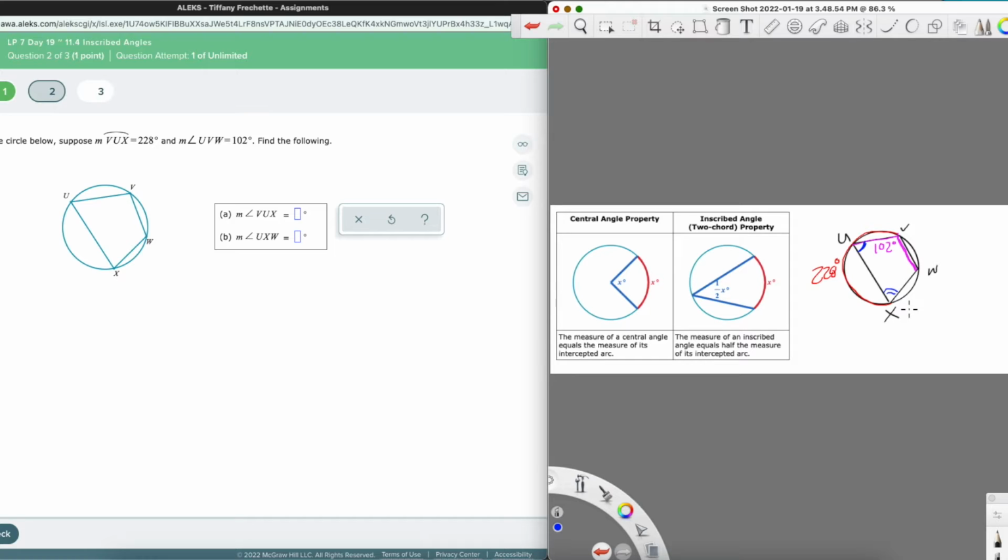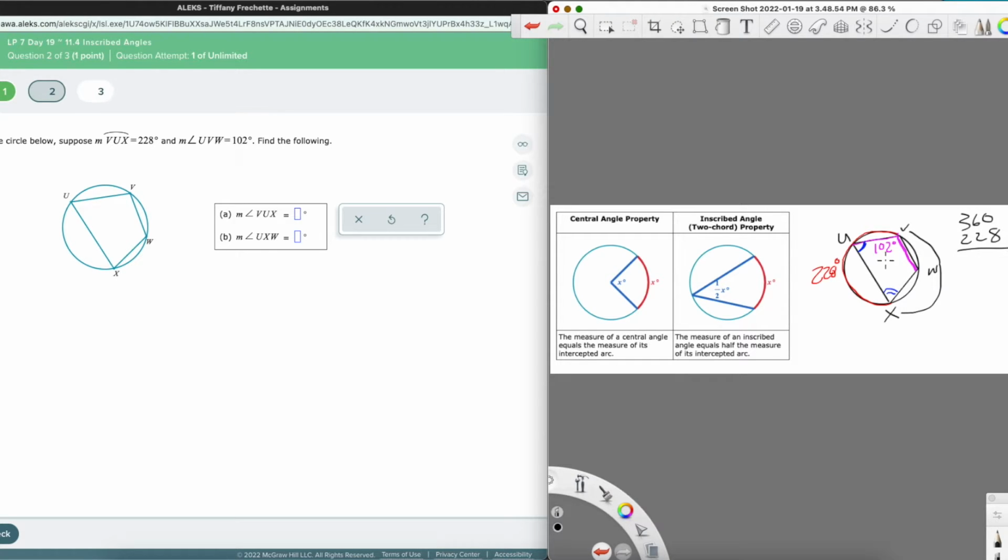So we need to know the arcs here, because they gave us the arc. That was one of the main pieces of information they gave us. They gave us an angle as well. So if we're looking at the red arc, this whole piece here, the other section that's on the back, I'll just do this. So from U to X, the minor arc is going to be 360 minus the 228.